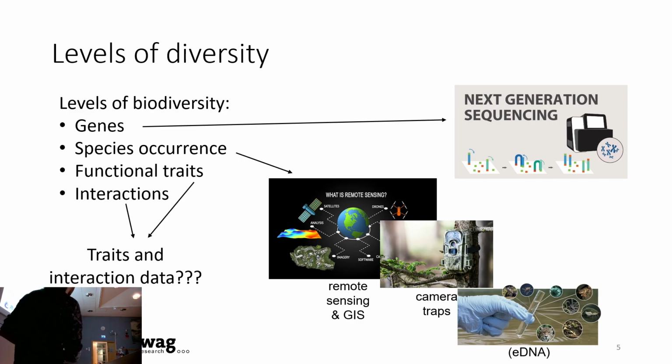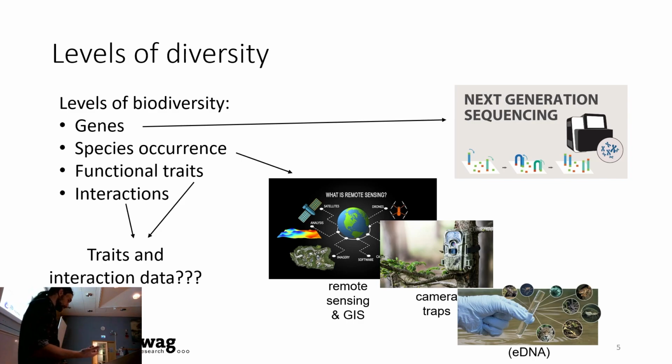Species occurrence data has also seen a renaissance with the species distribution models. This has been spurred by remote sensing technology and all sorts of geographical processing systems, as well as camera traps. We've seen some examples already on how ecologists have been using camera traps to fit the distribution models and study species occurrences.